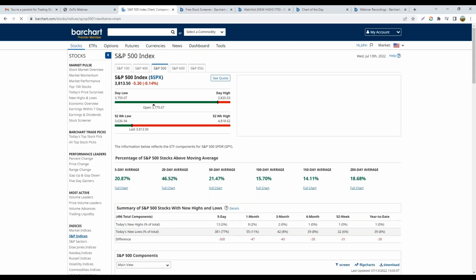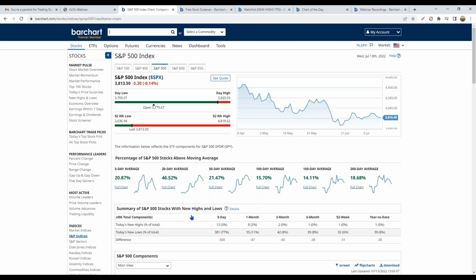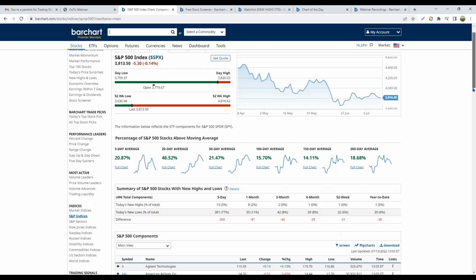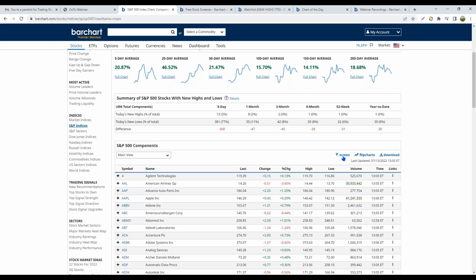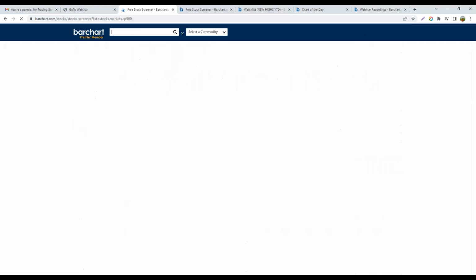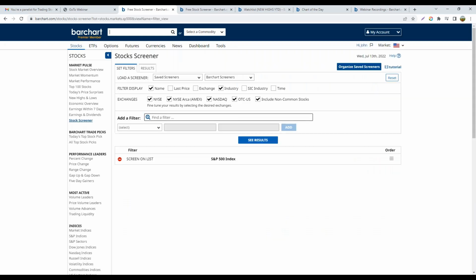and I look at that same thing, only one stock in the S&P is making a new year-to-date high. As a matter of fact, that one stock is making a 52-week high and a 6-month high, and only two stocks are making a new 3-month high. The question I'm sure you're asking yourself is, what is that stock? So I'm going to screen on the S&P list.